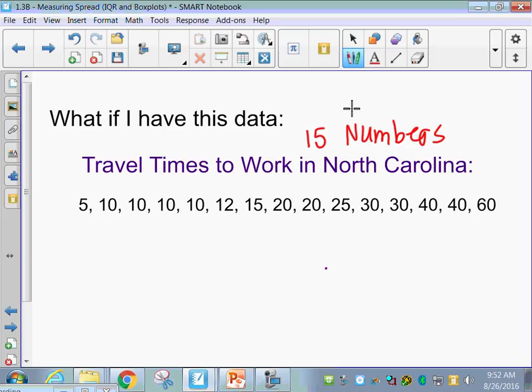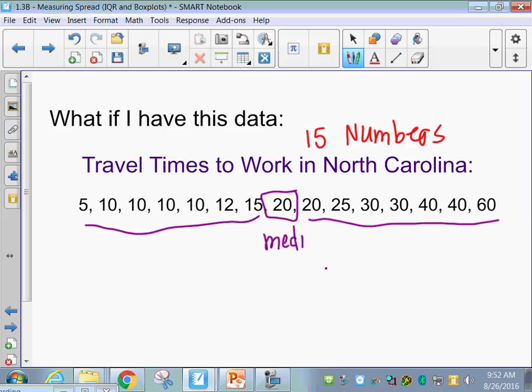What spot would the median be in? The 8th spot, because there's 7 on each side. So we count 1, 2, 3, 4, 5, 6, 7, 8, and make sure you've got 7 numbers on each side. This is our median, or Q2.